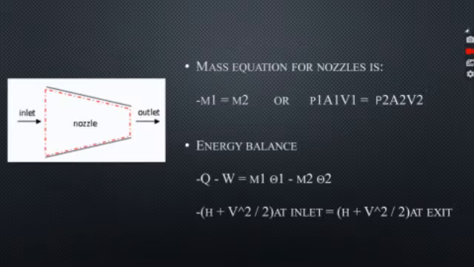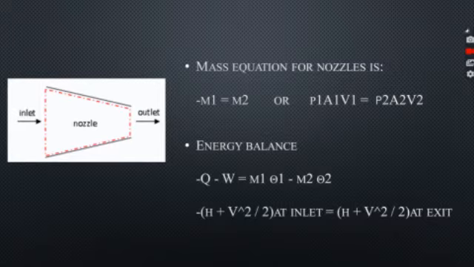The diagram shows a nozzle. As we can see, a nozzle inlet is bigger in cross-section than the nozzle outlet. The mass equation for nozzle is M1 equal to M2, or rho 1 times A1 times V1 equals rho 2 times A2 times V2.